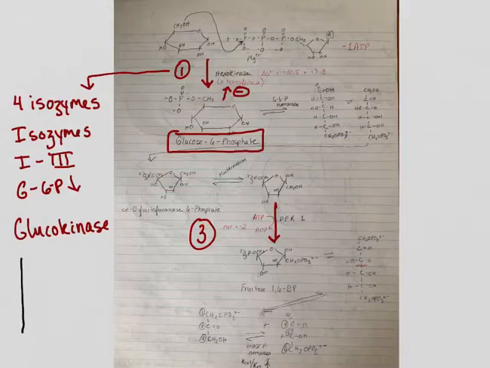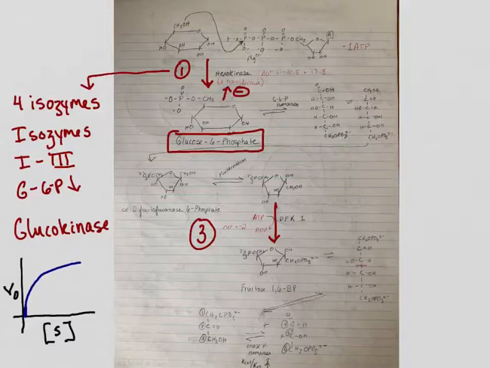So if we are to draw our ever enjoyable curve showing initial velocity as a function of substrate concentration, we would recognize isozymes 1 through 3 as displaying Michaelis-Menten kinetics and having a very low Km, where you hit somewhere around half maximal.